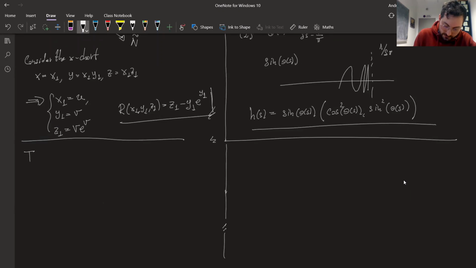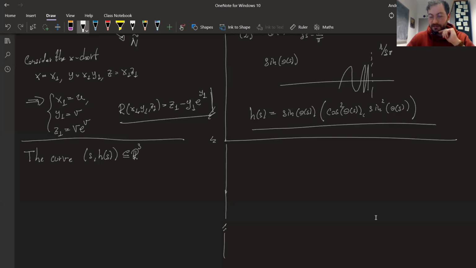The curve gamma of s contained in R3. So we are turning around the circle here. In here, cosine squared and sine squared mean that as we have an evolution with s, we're going to turn around the circle, and the function sine of theta s means that we're changing the radius along it.